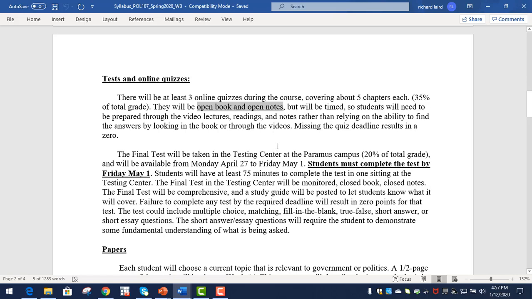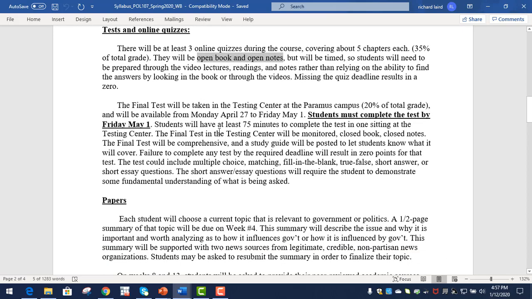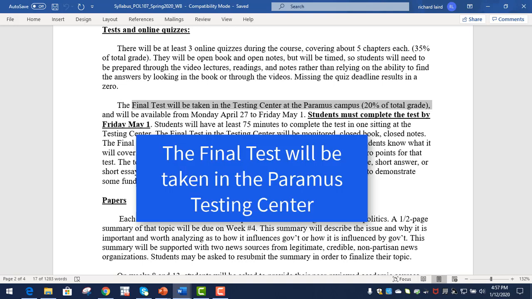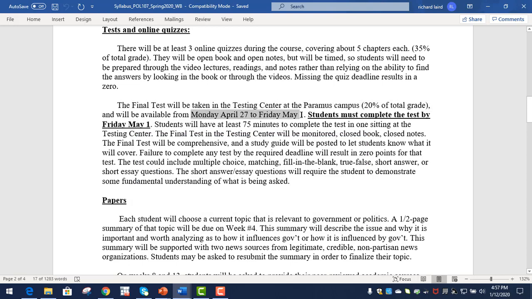Now, in order to be fair and try to make the grading as comprehensive and as impartial as I can, the final test will be taken in the testing center on the Paramus campus. And the final test will be comprehensive. It will be 20% of your total grade, and that will be taken during the last week of class, pretty much Monday, April 27th to Friday, May 1st.